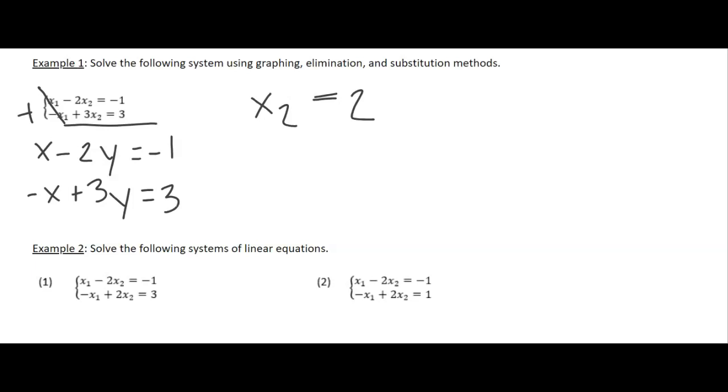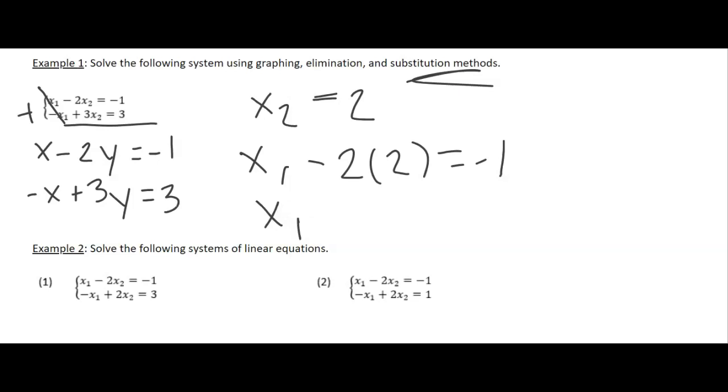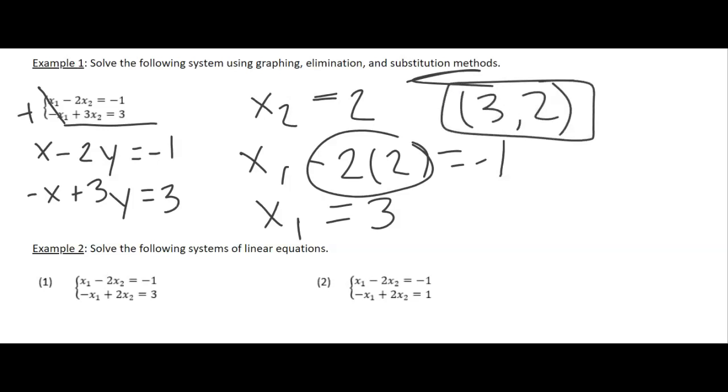Then you actually use the substitution method to go back in and solve this for x1. So I'm going to just use this first one. x1 minus 2 times 2 equals -1. x1, when I add 4 to this other side, I get 3. And you can see through this method, I get 3, 2.